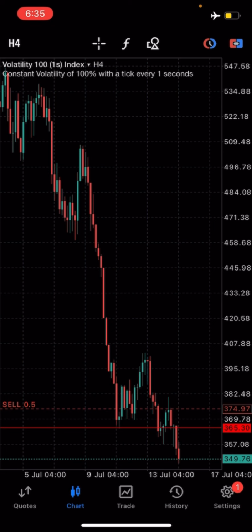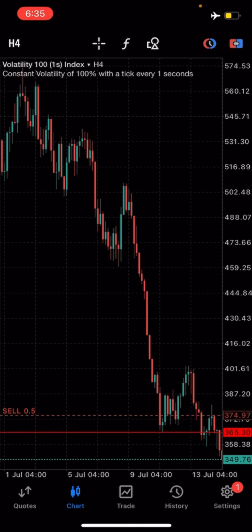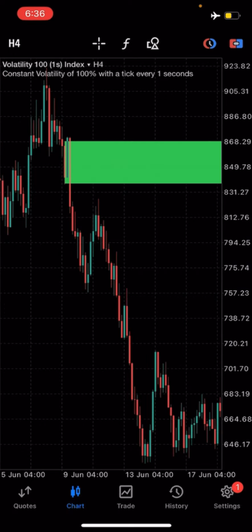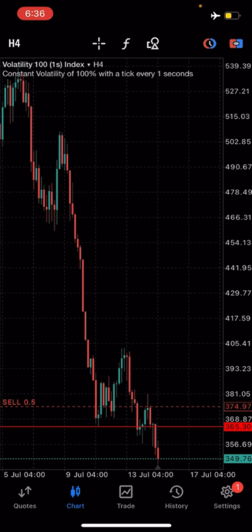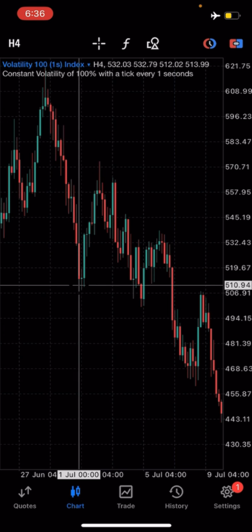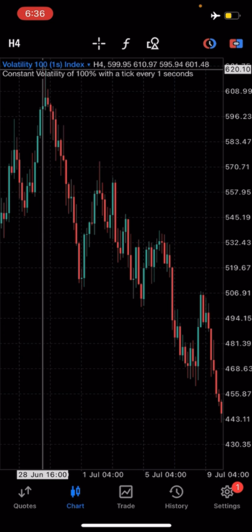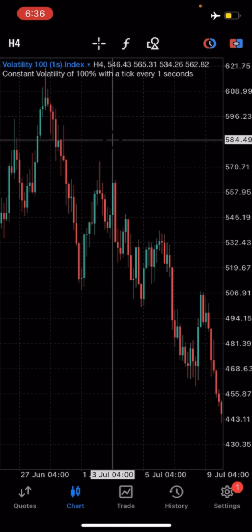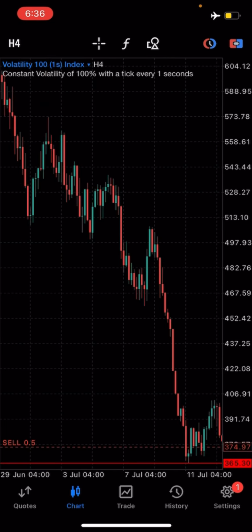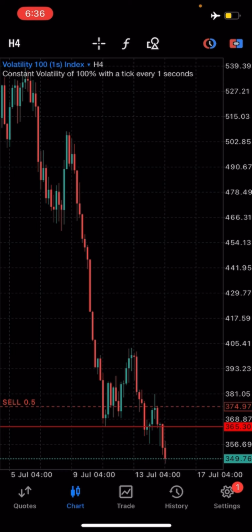What did I actually see before making this entry? I came to my 4-hour time frame, and I saw that the market was very bearish. It was very bearish, guys. As you can see, a bearish market forms lower high, lower low, lower high, lower low, all the way down to the current market price.